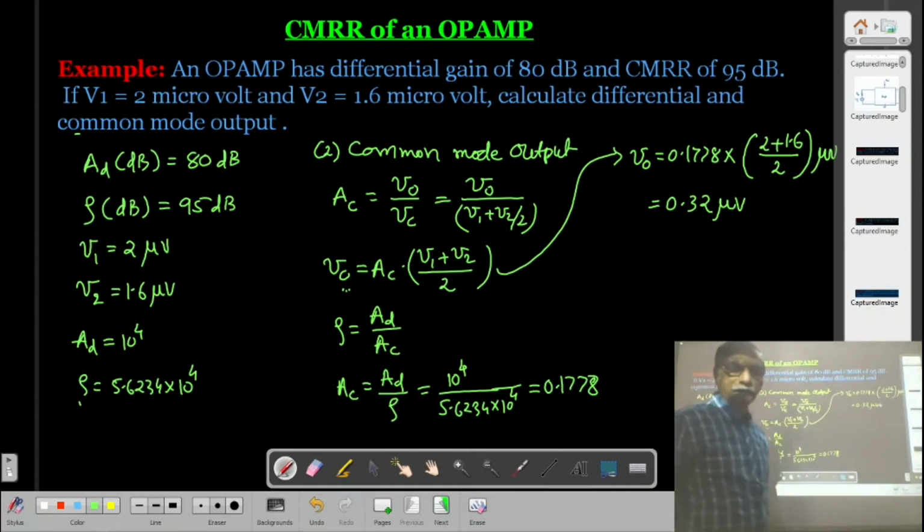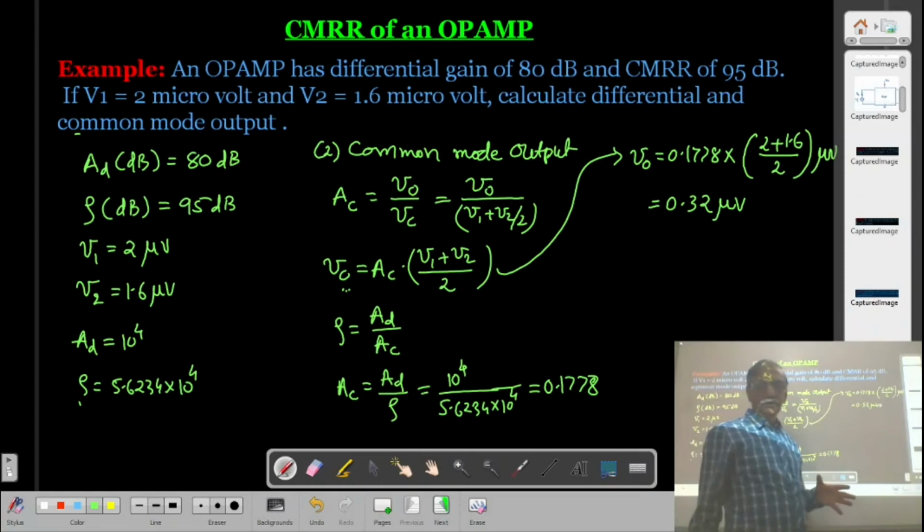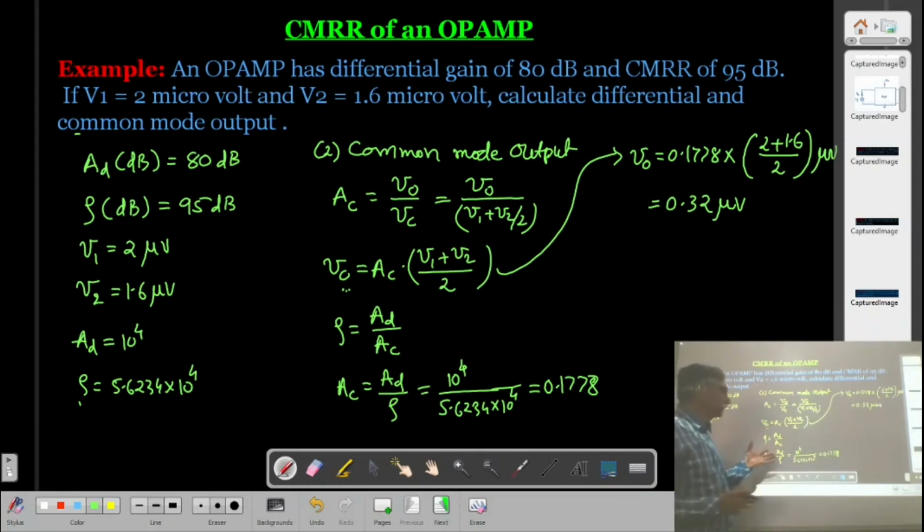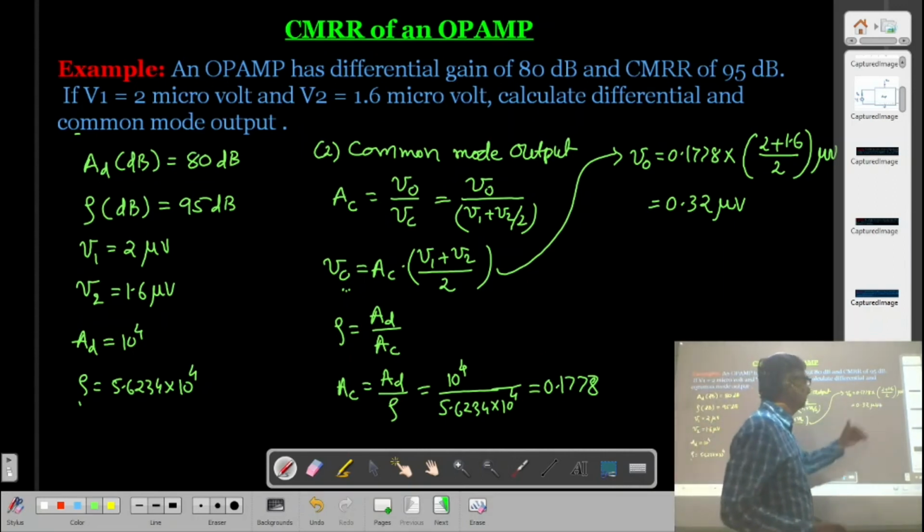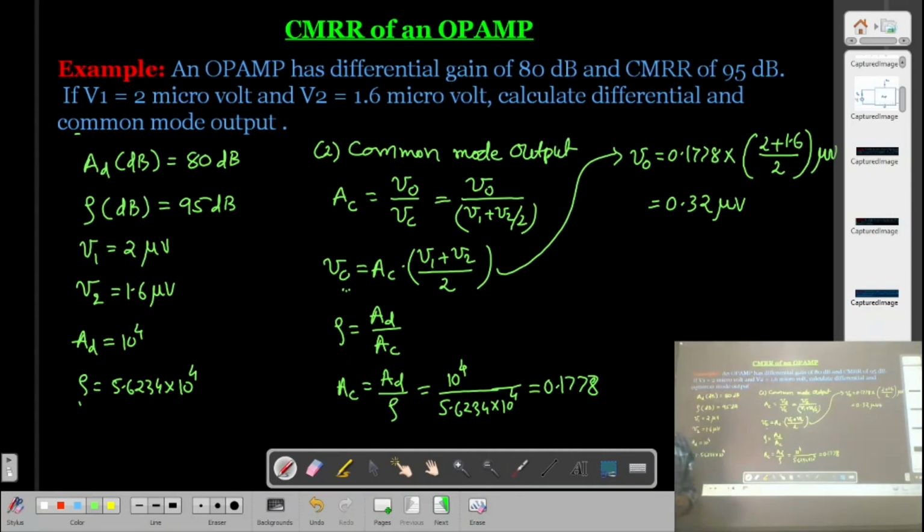So in this way, you can separately calculate the common mode output and the differential output. Here you can see the differential output is 4 millivolt, while the common mode output is 0.32 microvolt.